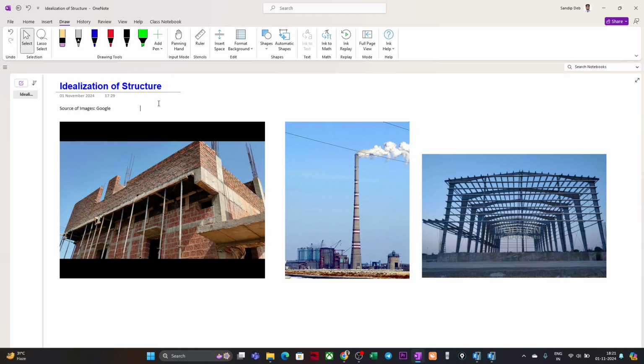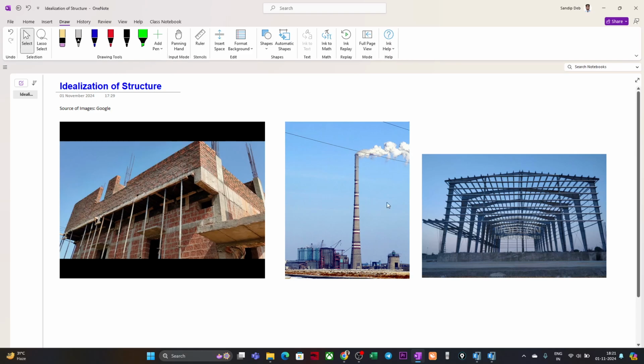There are different kinds of structures. I have just given the example of a building. Here I have attached three images. You can see one reinforced concrete building with brick masonry walls. Then we have an RCC tall chimney, mostly seen in industrial areas. And you can see one steel structure, which we generally call a pre-engineered building.